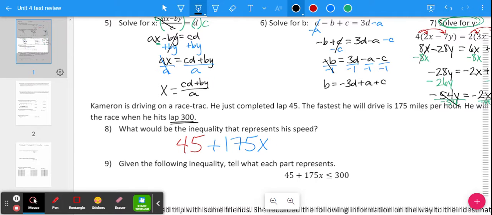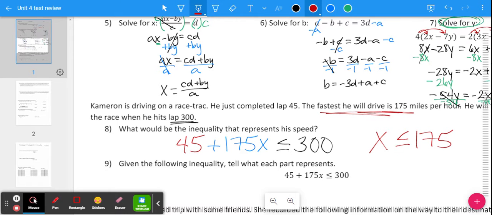So it needs to be less than or equal to 300, because when he gets to lap 300, we need to know if he's going to be finished. And sorry, guys, I read his question wrong. So his speed is going to be represented by x is less than or equal to 175, because that's the fastest he will drive. That's his maximum speed, his miles per hour, the fastest he's going on this track.